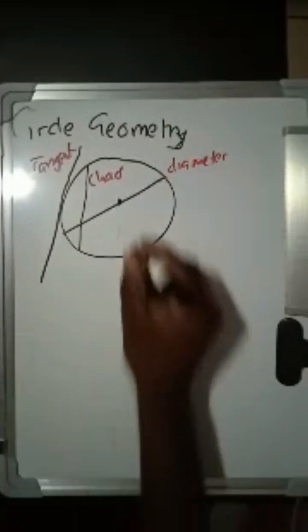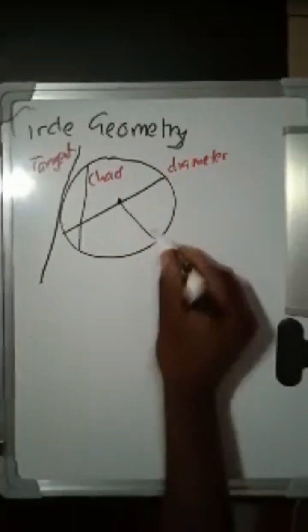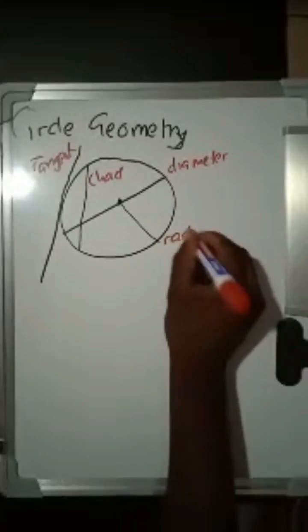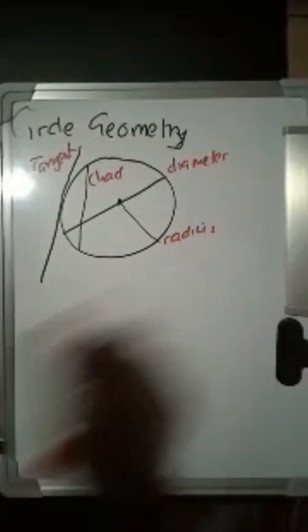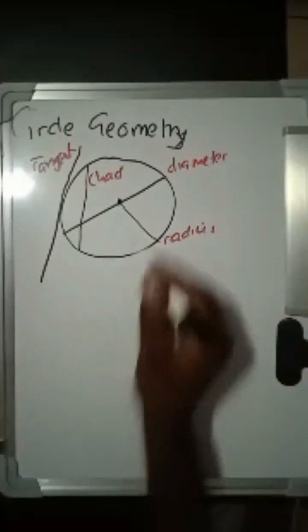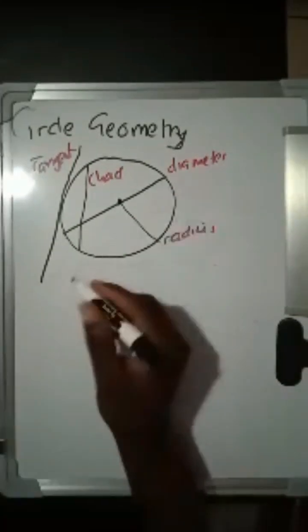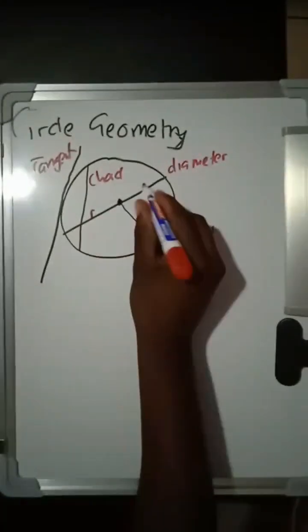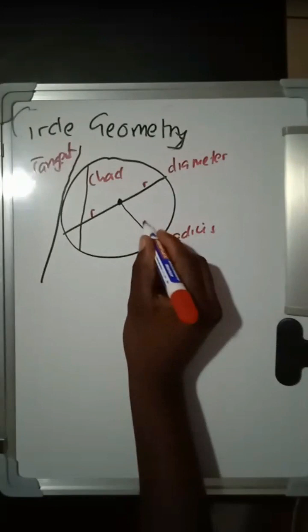Then we have what we call the radius. If we look at the radius there, the radius is half of the diameter, because if we look at the diameter, we have a radius there, we have a radius there, then this one is also the radius.